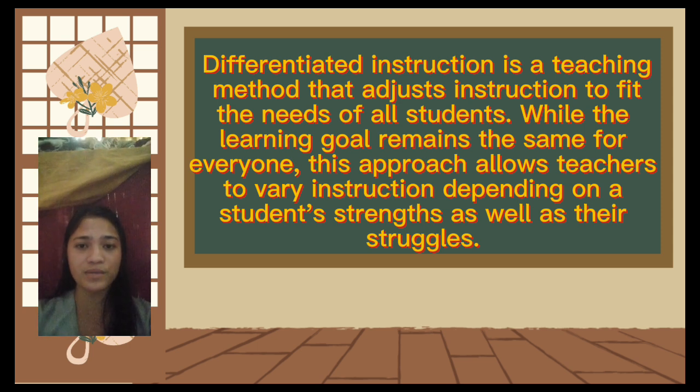This is the opposite of a more traditional whole group instruction method such as lecturing, class read alouds, or everyone working on the same worksheet or assignment. With differentiated instruction, students have options for how to take in, process, and retain information.